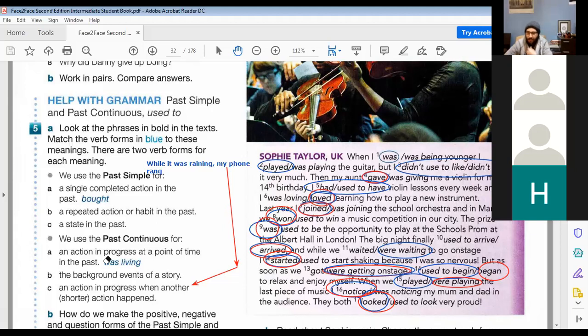We have to use as soon as we got there, as soon as we got on stage. That is the idea. As soon as we got on stage. So what happened as soon as we got on stage?